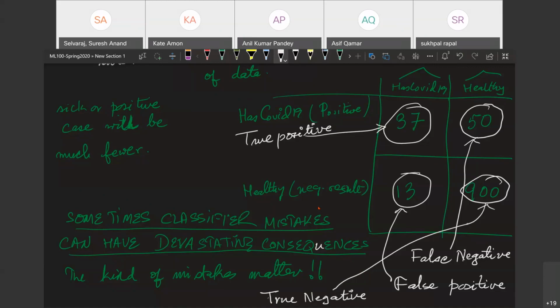Whichever label is less frequent is your positive case. So for example, in medical literature, this becomes pretty obvious. Positive cases are sick people because fortunately most people are not sick. So you mark a class as positive. In this case, has COVID-19.